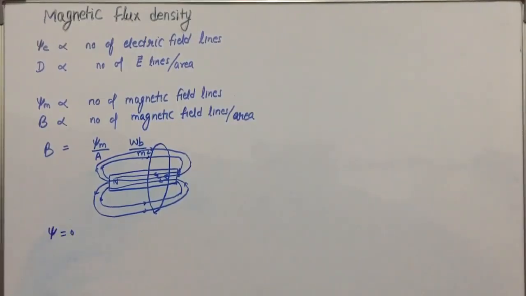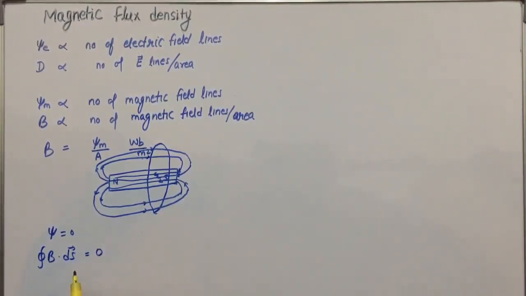In case of a magnet, or in case of magnetostatics, the flux through any closed surface will be equal to 0. And we know the flux can be written as the closed surface integral of B dot dS. According to the Gauss law that we have studied, it will be equal to 0.